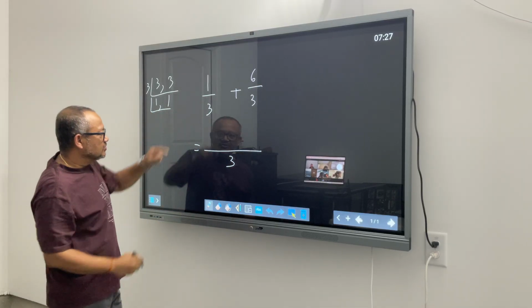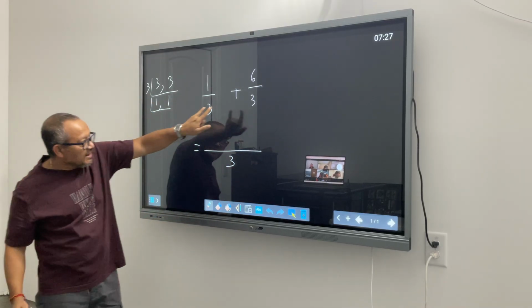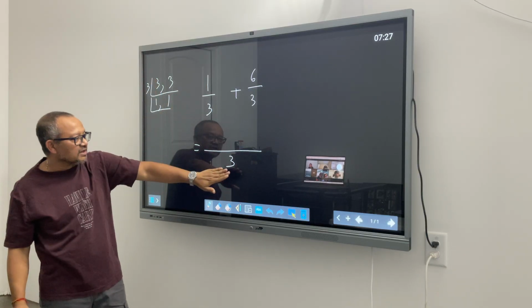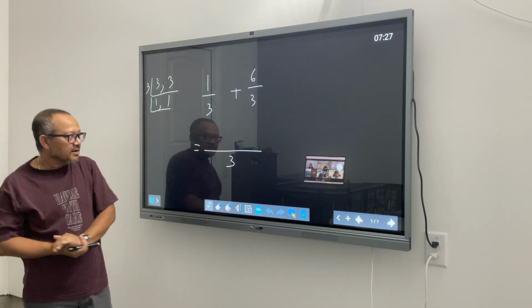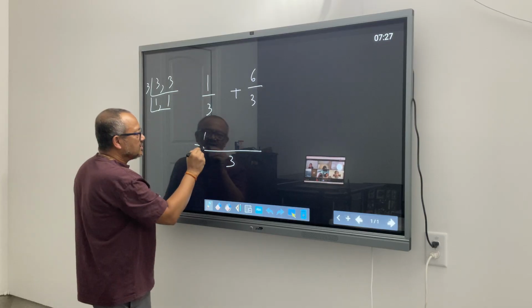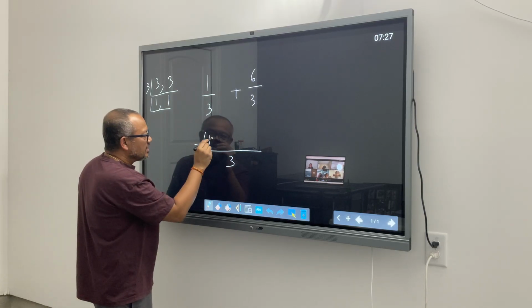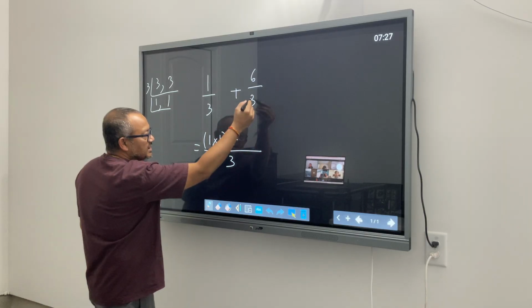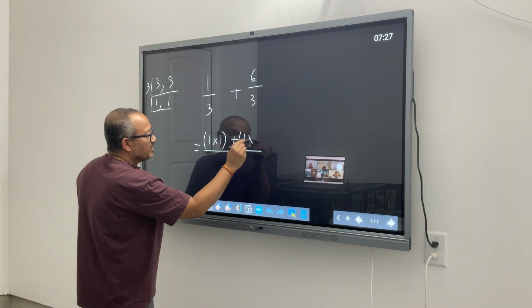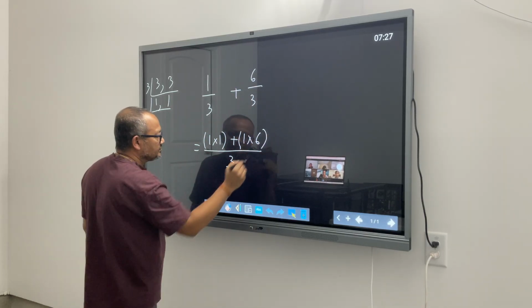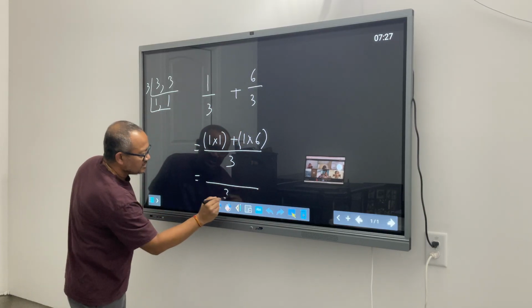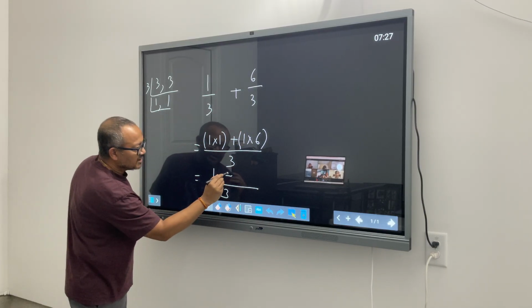If I have same denominators, I don't have to find out the LCM. I will just put that number as LCM. Now 3 1s are 3 into numerator, which is 1, plus again 3 1s are 3 multiplied with the numerator. What you are seeing, this becomes 1 into 1 is 1 plus 6.